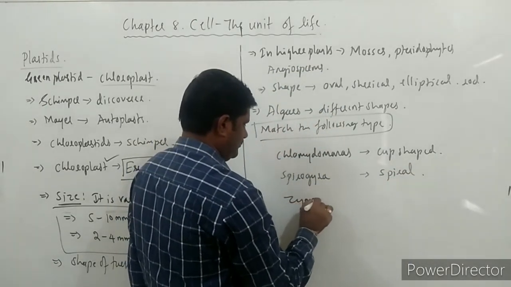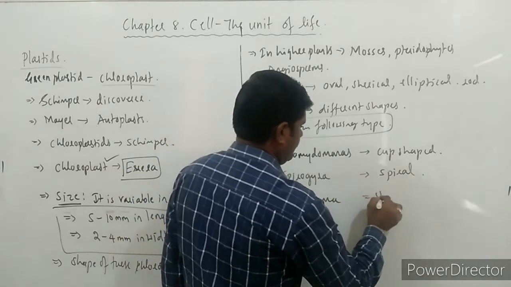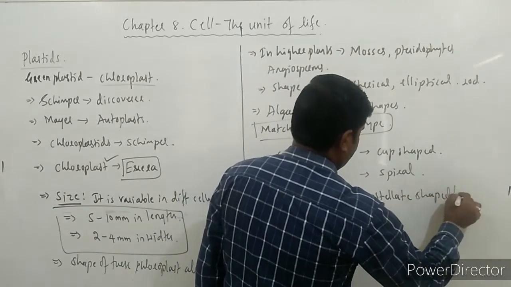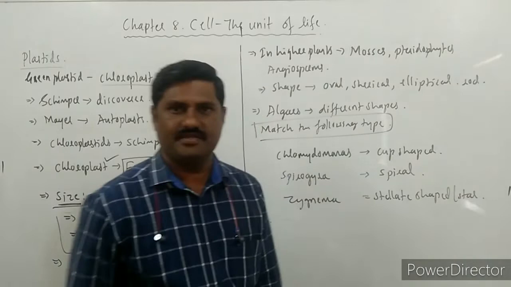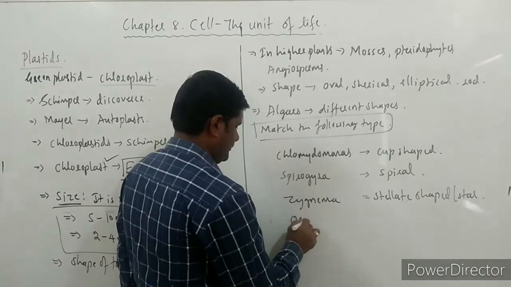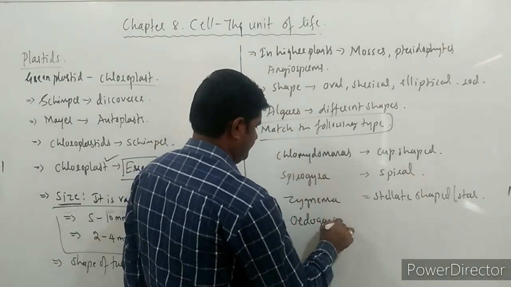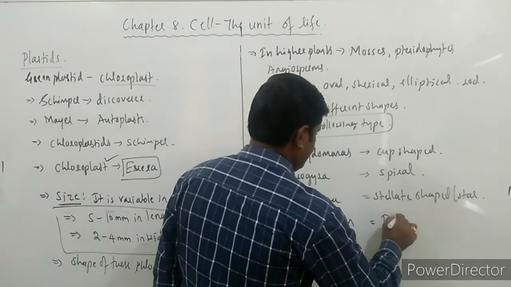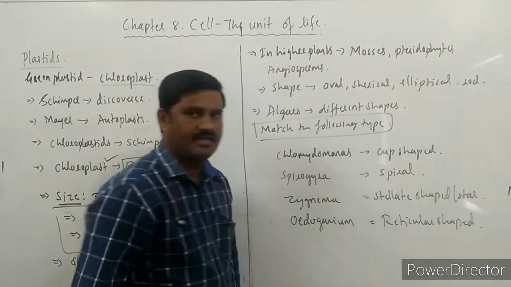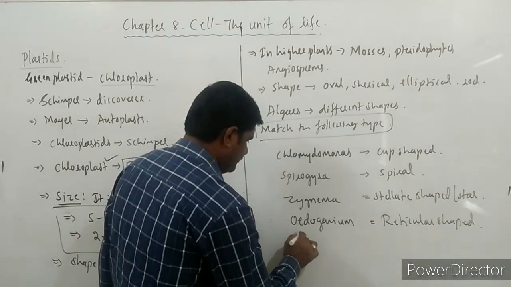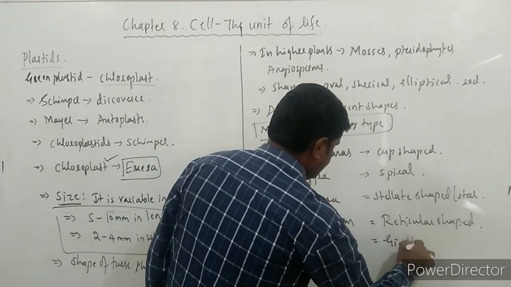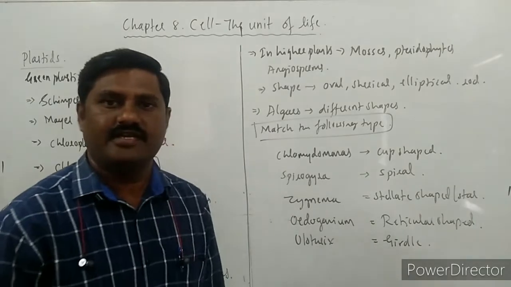In Zygnema it is stellate shaped or star shaped. In Oedogonium it is reticular in shape. In Ulothrix, it is girdle shaped.